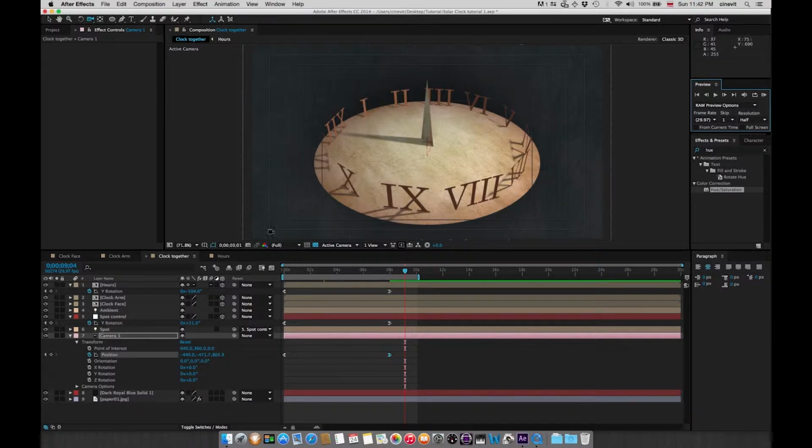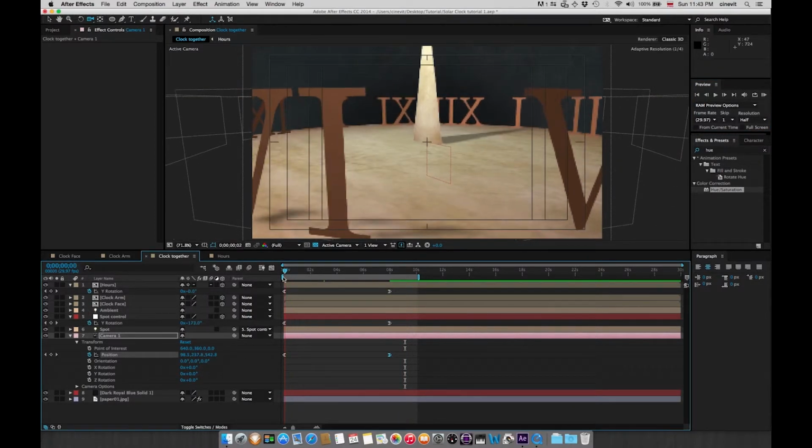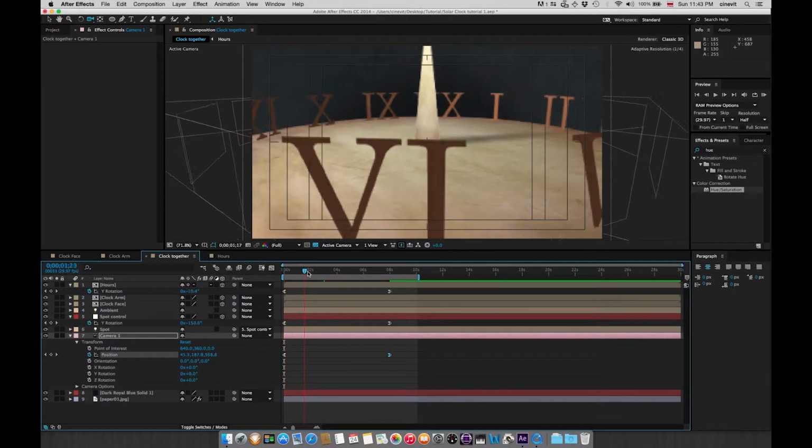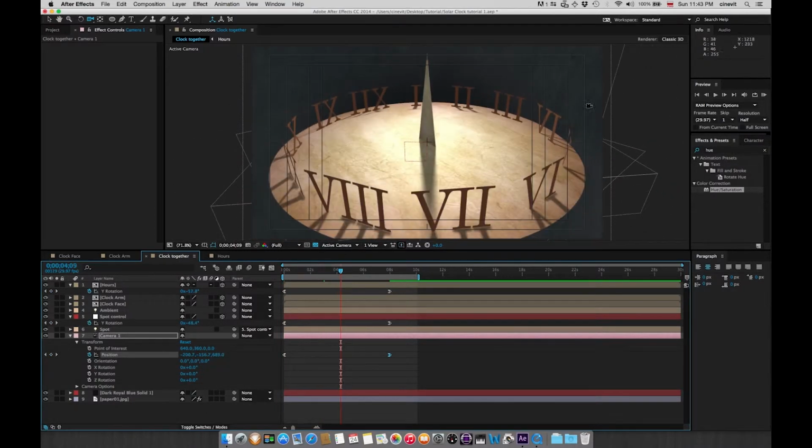One thing to keep in mind when you take a look at it, these all are just planes. They're two-dimensional planes. This does not have any extrusion. That's the limit of After Effects 3D if you're using the classic 3D mode.